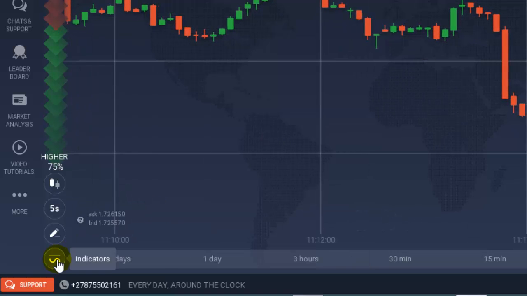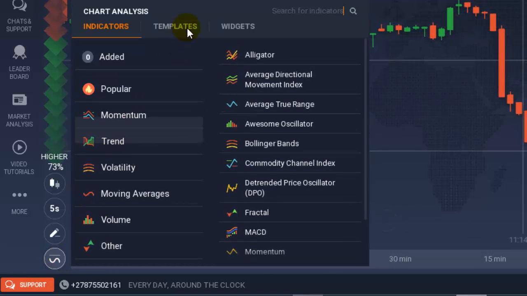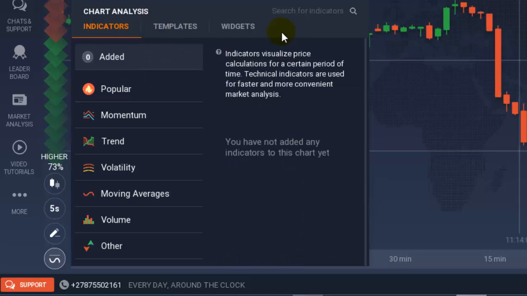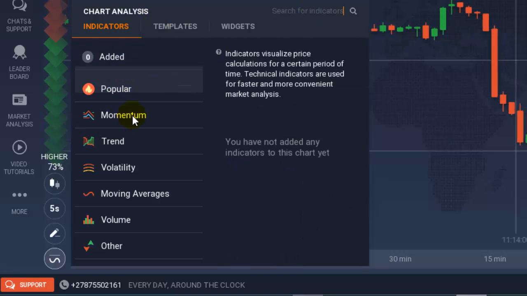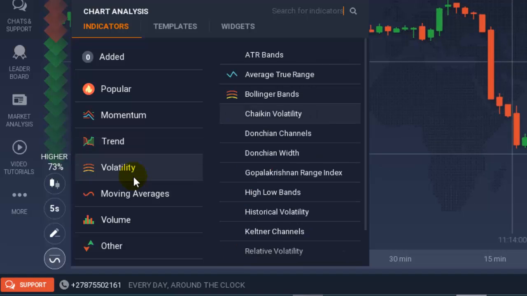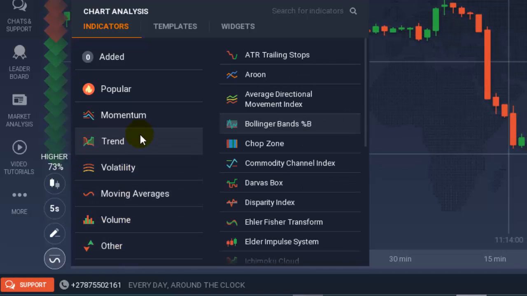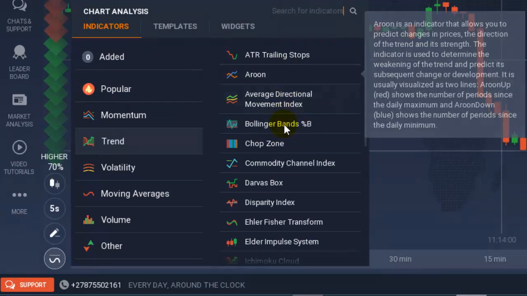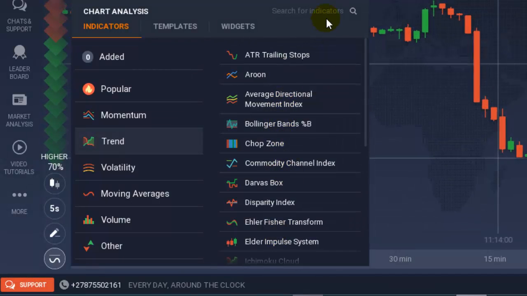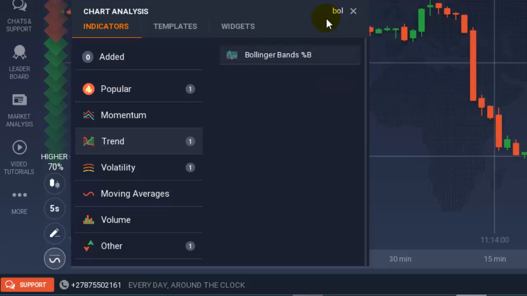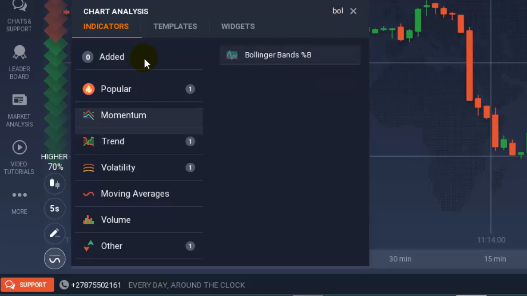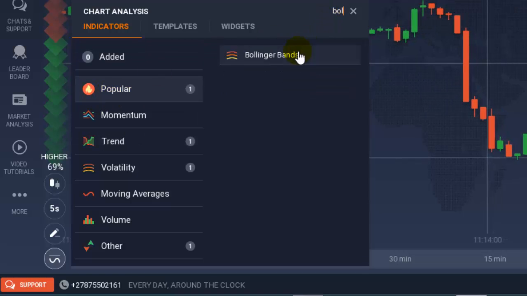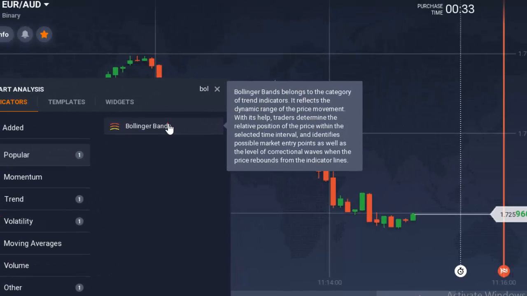So you simply come to your indicators and search for Bollinger Bands, or you can use the popular one. As you can see, mine should be somewhere here. Okay, it's under trend, and then the Bollinger Bands. You know what? I'm just going to type it there. Bollinger Bands. There we go. That one right there.